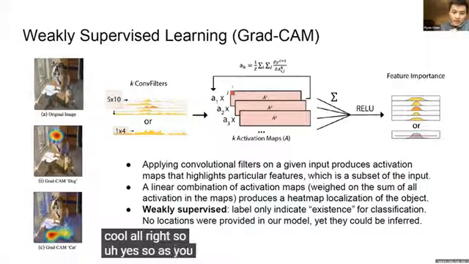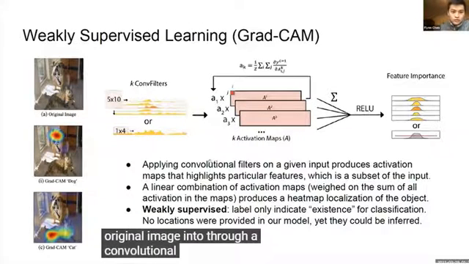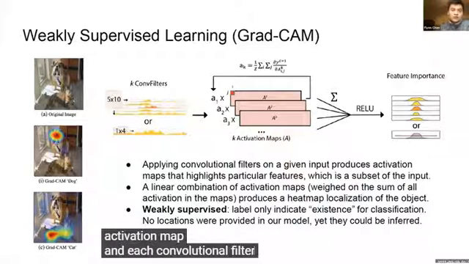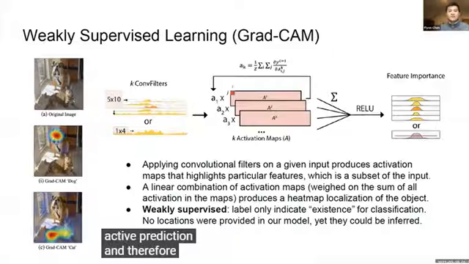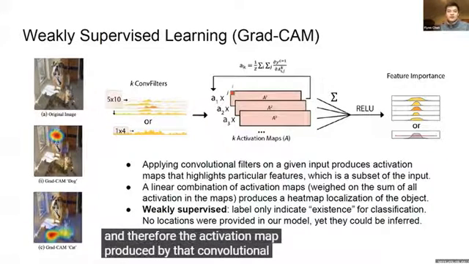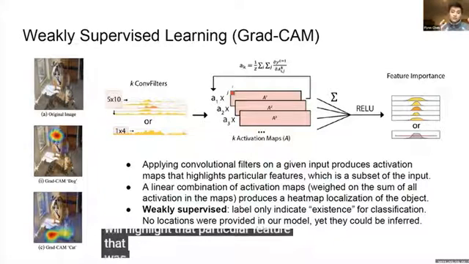As you can see, when we pass the original image through a convolutional filter, it generates an activation map. Each convolutional filter learns the most important features in making an active prediction, and therefore the activation map produced by that filter will highlight that particular feature that was trained.